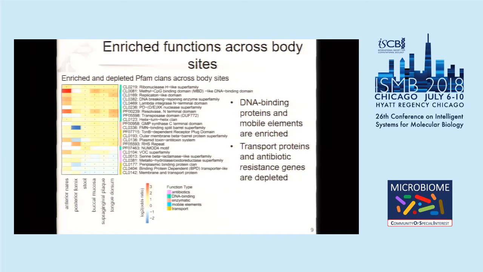What's interesting is that these TonB and outer membrane beta barrel proteins are up, but some of these membrane and transport proteins are down. And these indicate some antibiotic resistance proteins, but they also seem to be down, even though we know they are often transferred as well. Maybe this is because it's a healthy cohort and they're not being selected for.